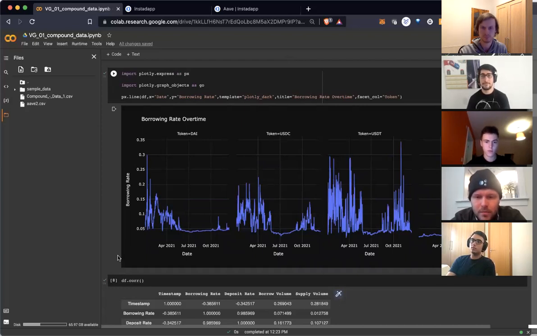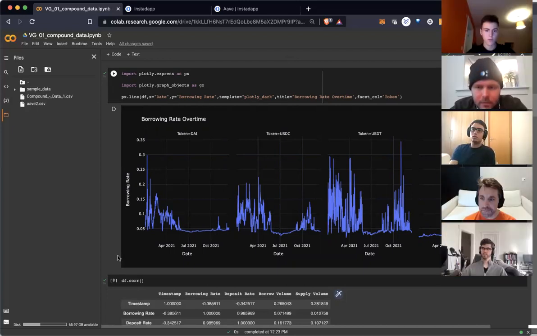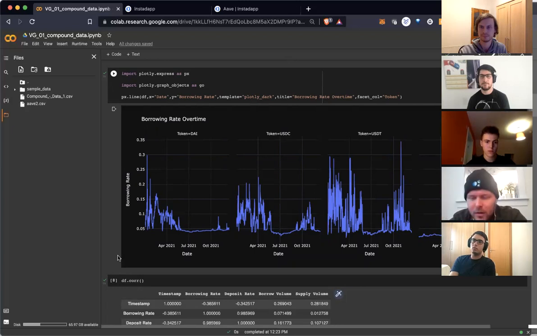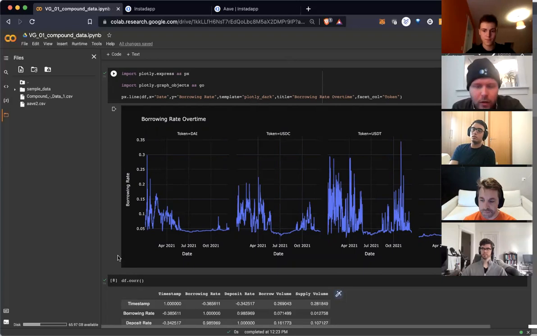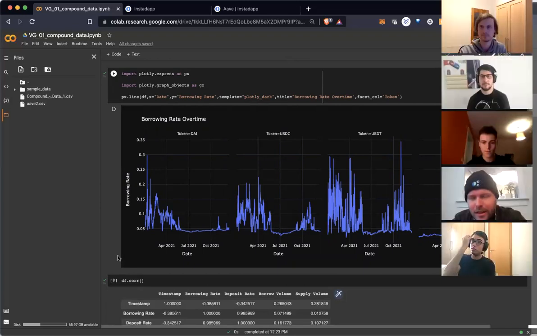That's 22 different lending platforms. Anything with roughly greater than 50 mil TVL, we started with for lending, and then we're moving on to yield aggregation and other categories. But specifically in lending, there's 22, depending on the day and how much TVL there is.